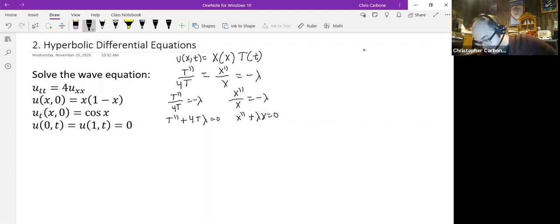And then based upon that, using this bottom set of boundary conditions, we have u of 0 comma t being equal to 0.